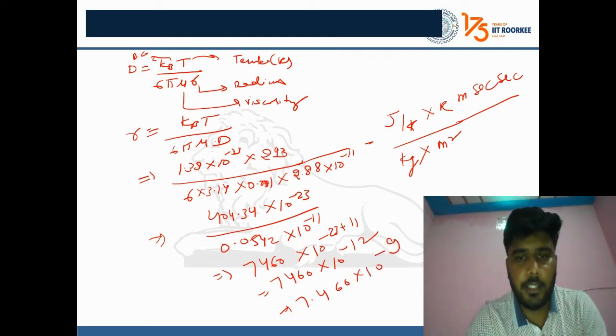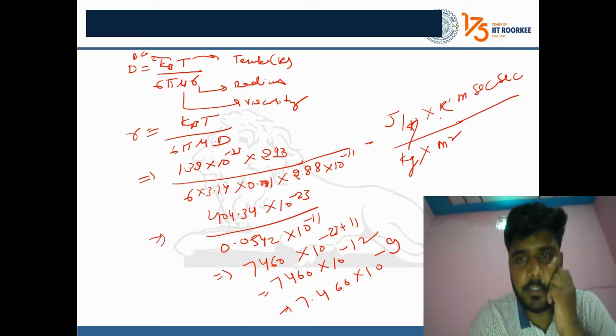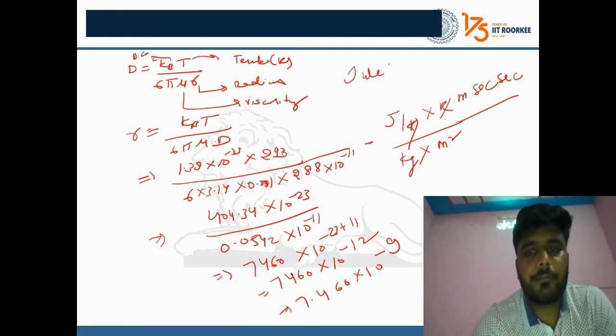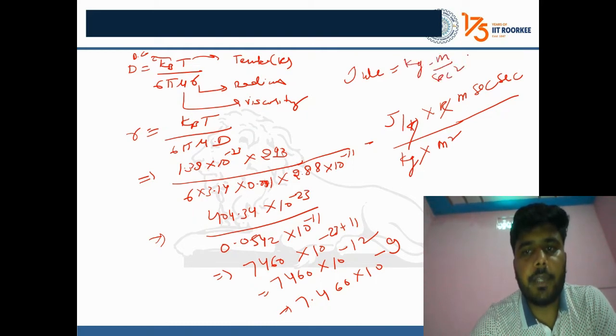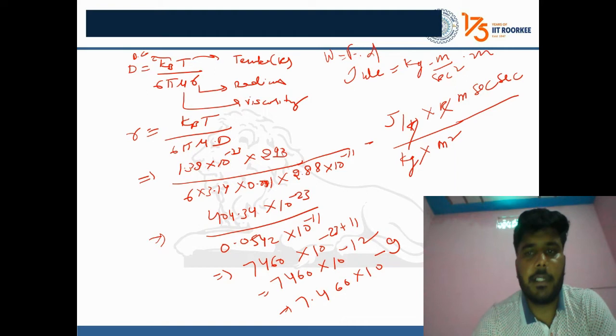Okay, so if I solve the units, it will cancel out. You just have to expand Joule. Joule equals kilogram meter per second square into meter, simply using the work formula.